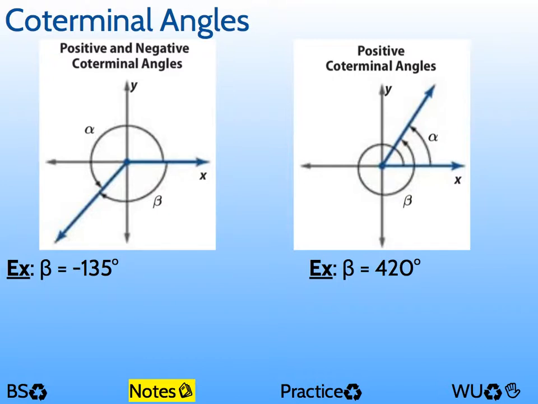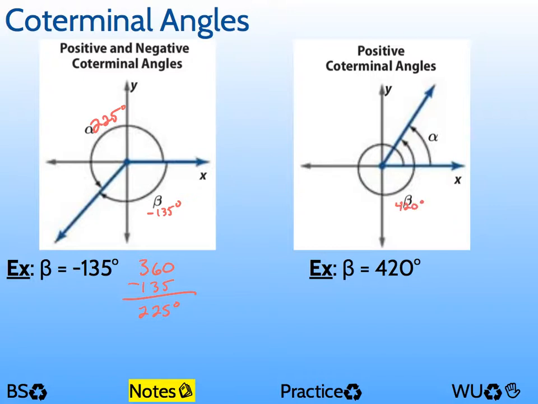The easiest way to solve the negative 135 degree problem is to do 360 minus 135. And that will leave you with 225 degrees for alpha. For the 420 degree problem, you'll see that it wraps around the circle one full time and then terminates at some angle that's equal to alpha.